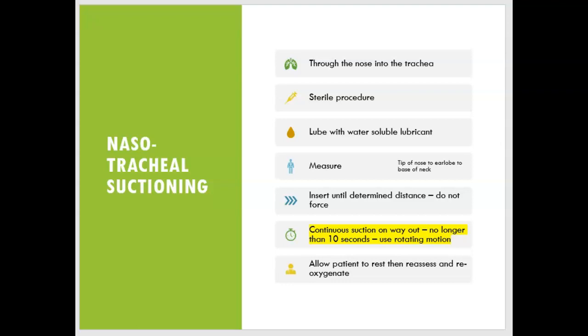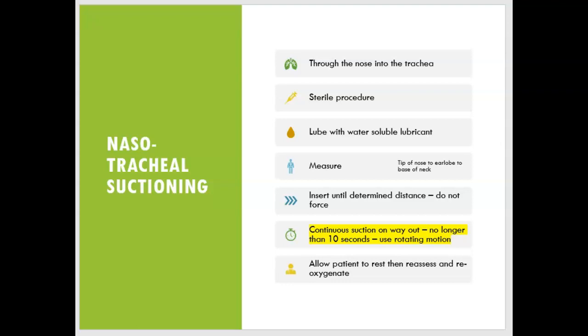When we put the suction catheter into the person's nose, we are not applying suction on the way in. We are only applying suction on the way out. So continuous suction on the way out for no longer than 10 seconds, and we use a rotating motion with the catheter.